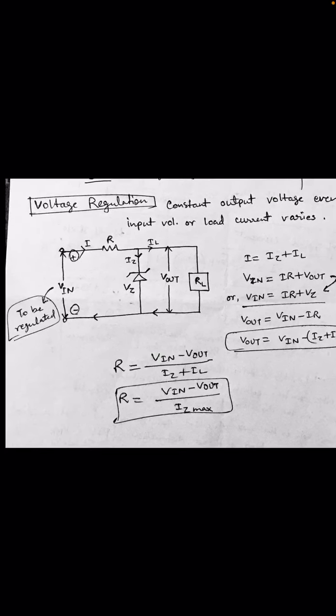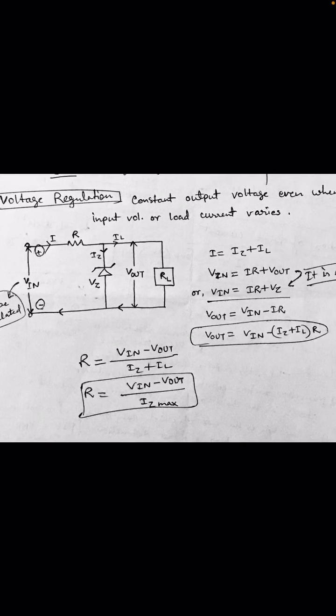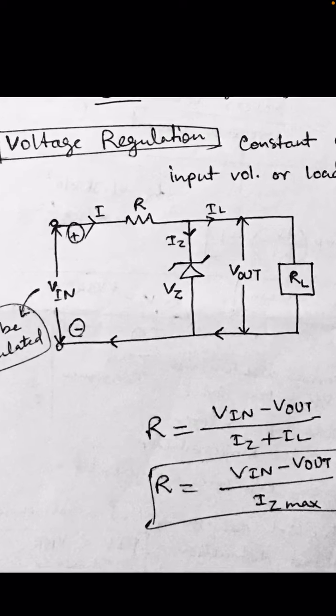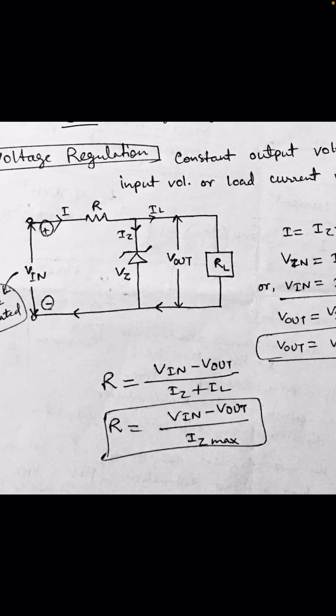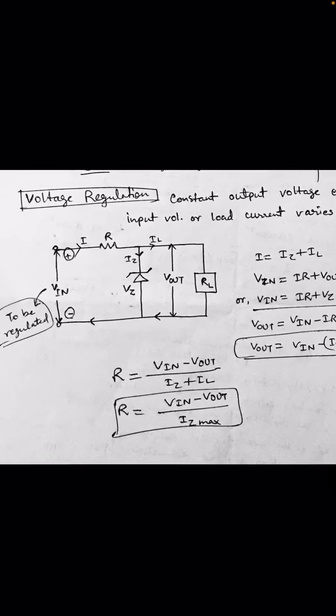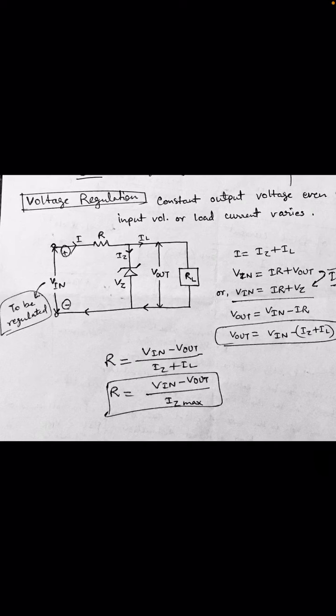It's a simple equation that the total current I is equal to Iz plus IL. Here you can see I equals Iz plus IL, distributed in IL and Iz, because the Zener is in parallel. One is in the Zener and one is in the load.